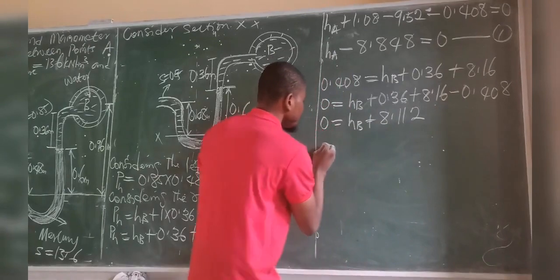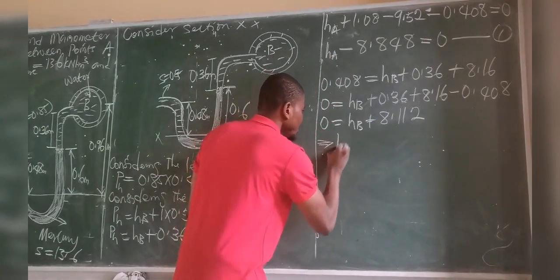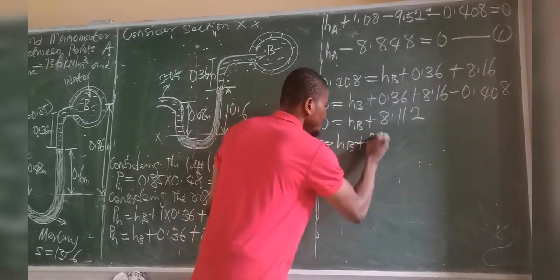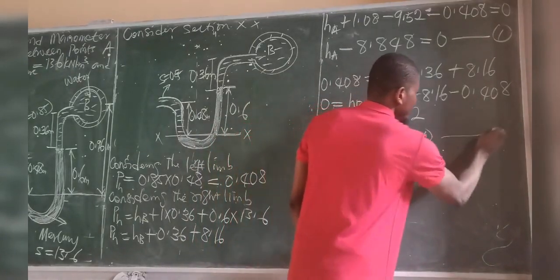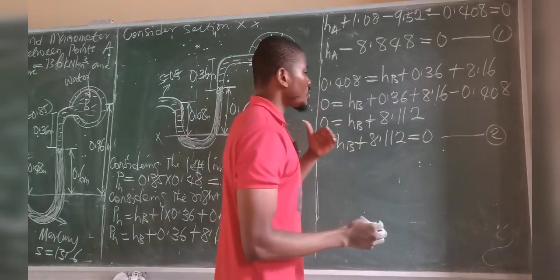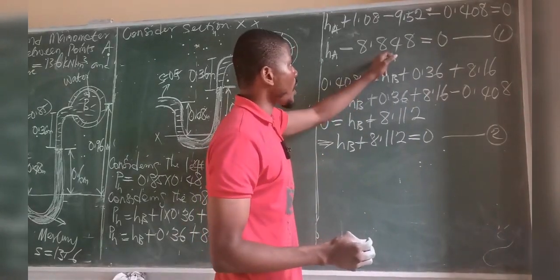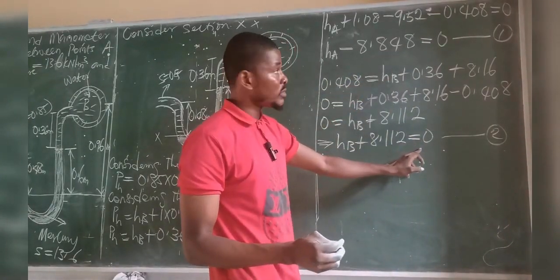So this is me simply saying that HB plus 8.112 is equal to 0. Call this equation 2.